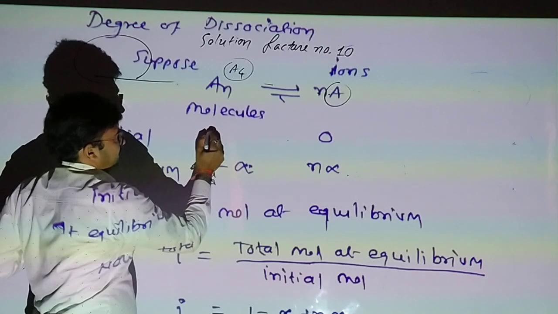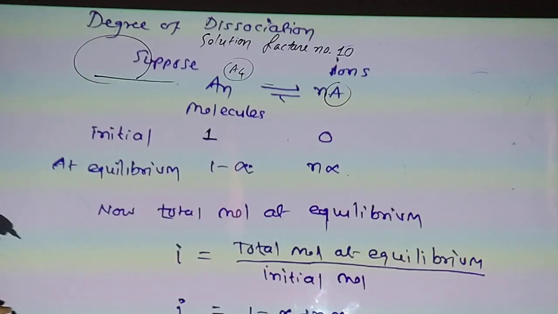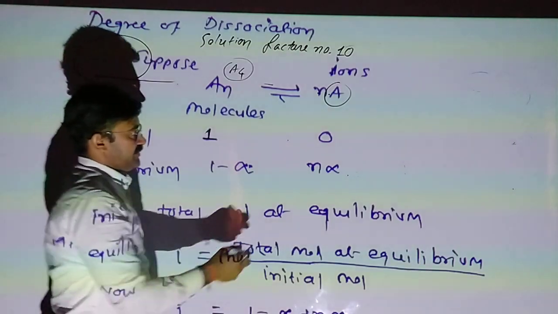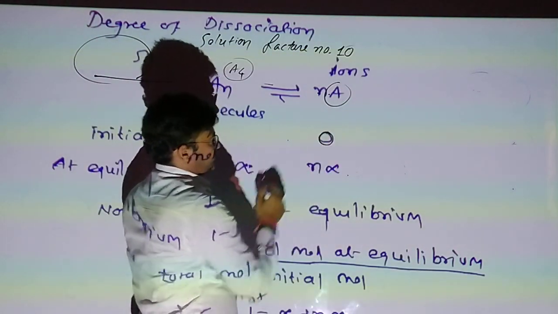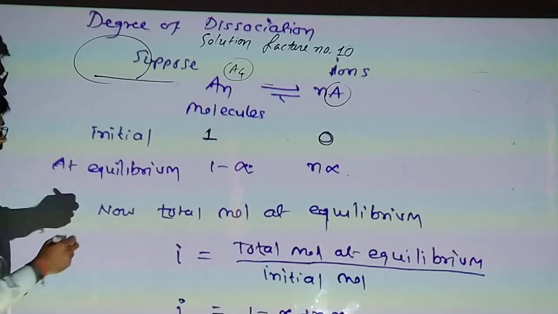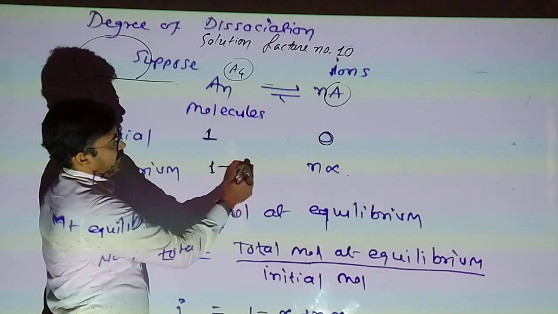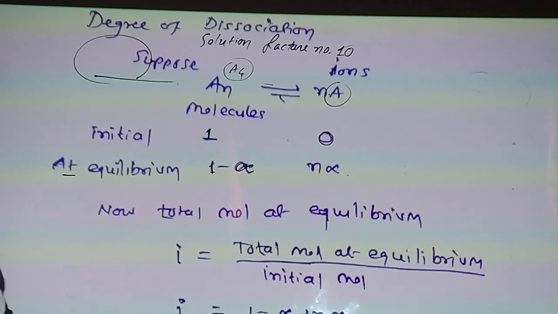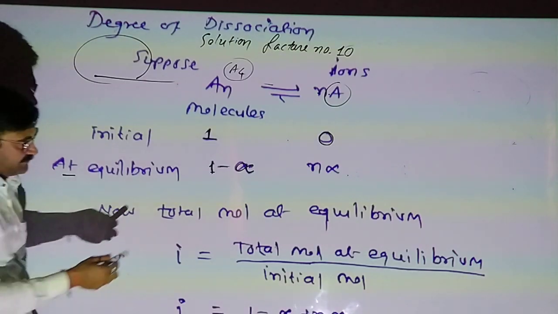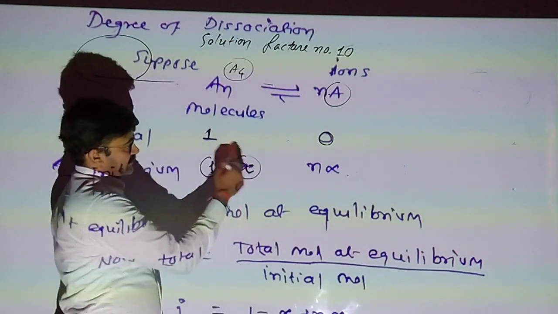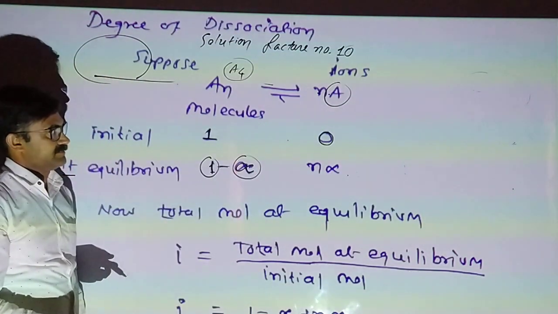So suppose the initial amount of molecule is assumed to be 1. So initially product is 0. At equilibrium, alpha portion is ionized. Yes, that is the degree. One part માંથી alpha part dissociate થાય છે.